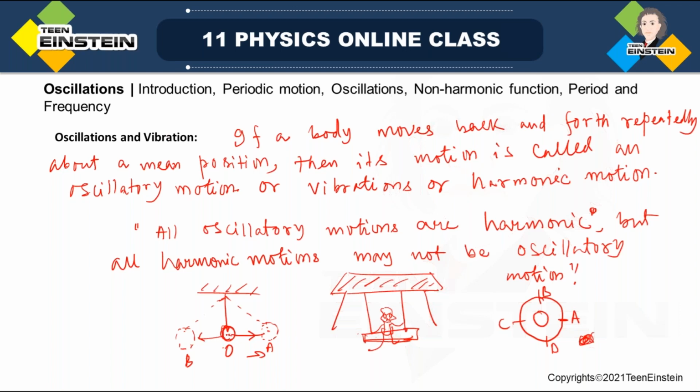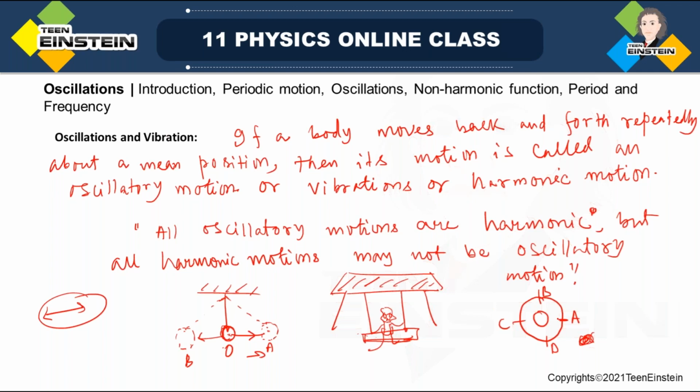These are called displacements from the mean position. Its motion is confined within that limit. So if the motion is repeating and confined within a limit, that is called vibration, that is called oscillatory motion.